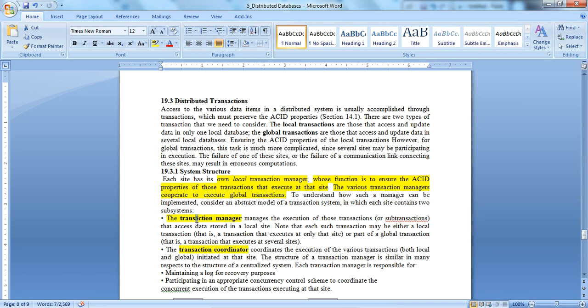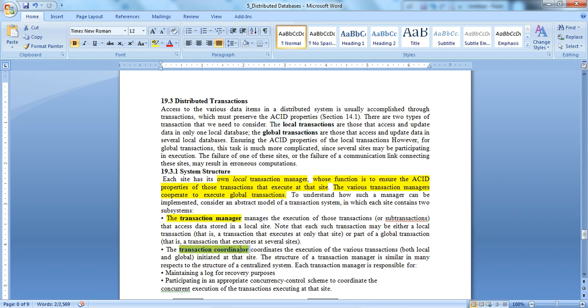Note that each such transaction may be either a local transaction or part of a global transaction. Whatever local transaction is executed is managed by the transaction manager, whether it is local or global.